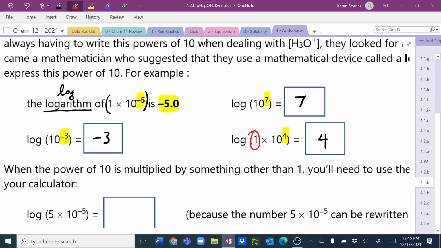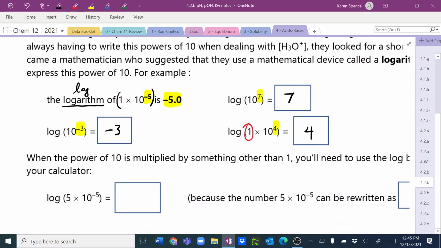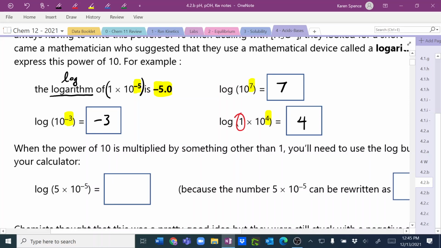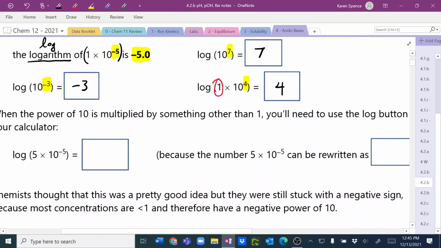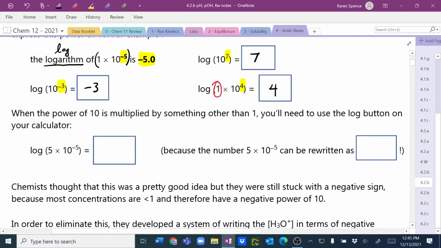We can do it in our head. However, if the power of 10 is multiplied by something other than 1, you will be wanting to use your calculator unless you are far, far smarter than I am. So, let's say you wanted to find the log of 5 times 10 to the negative 5. Could you please plug that into your calculator and see what you get? And if you don't know how to use your calculator for this, call me over.